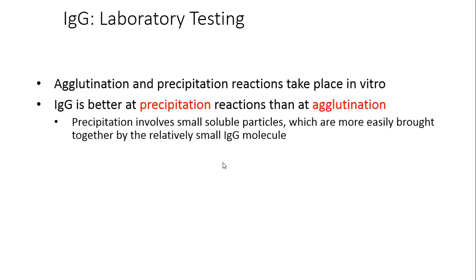These are in the laboratory. So in vitro means in the lab. In vivo is in the body. So IgG is used for a couple of different kinds of lab testing, agglutination and precipitation reactions. We're going to see why. IgM is better at agglutination and IgG is better at precipitation, but it can be used in both.